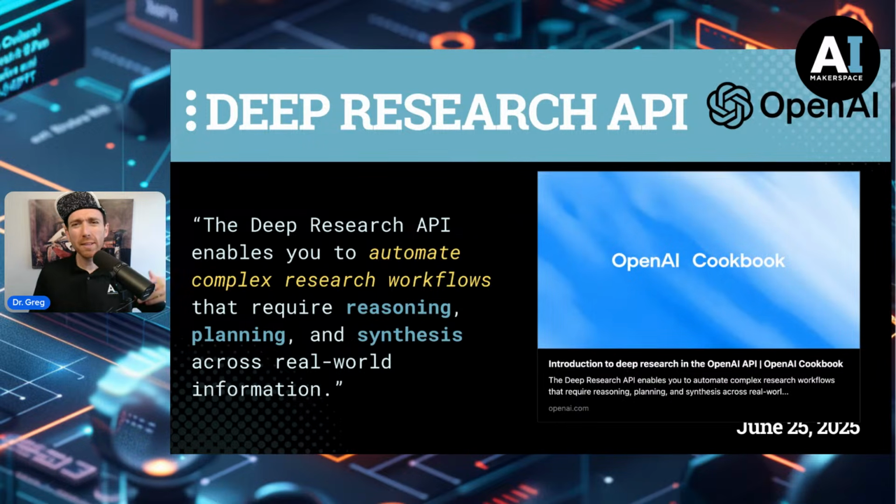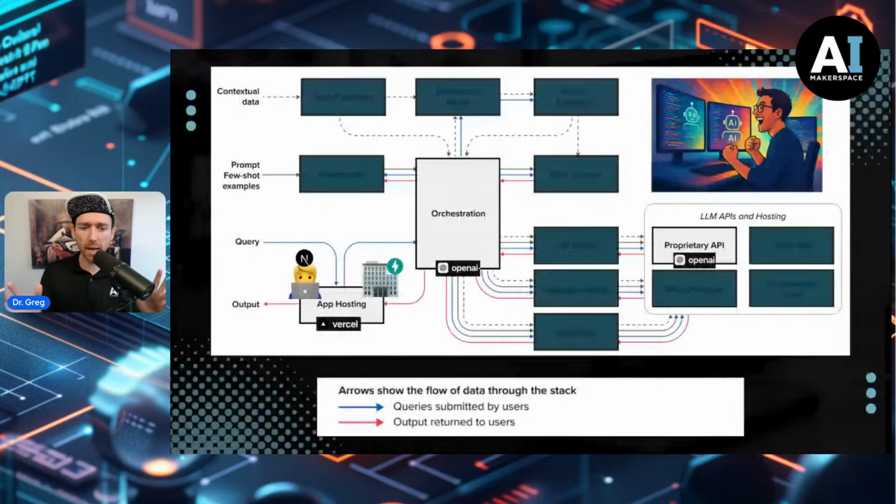Now, when we think about how to do this practically, we have to think about how the front end and the back end exist and how they connect to each other, this hosted application here.